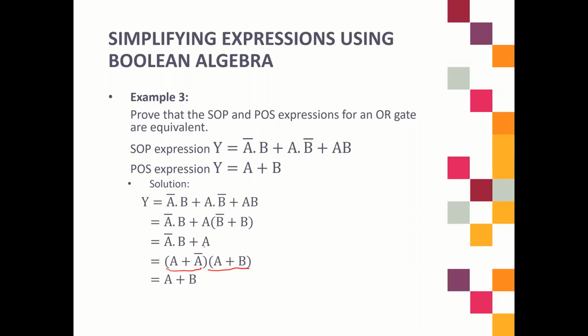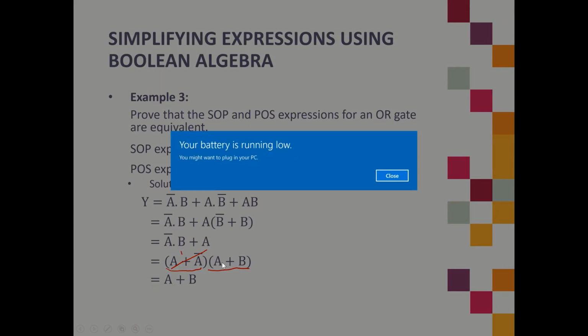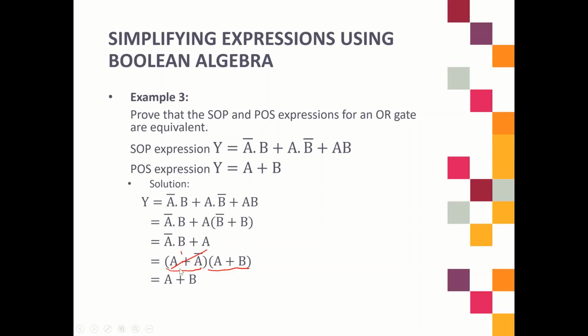So a plus a bar is 1. 1 times with a plus b, you will get a plus b. So this is the solution for proving the SOP expression is equal to the POS expression.